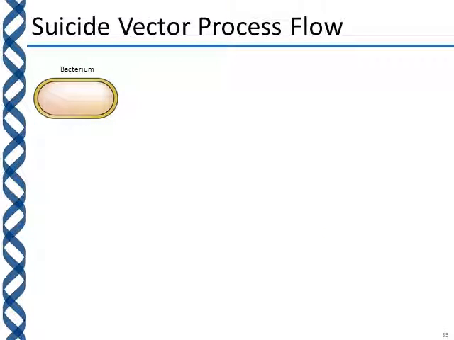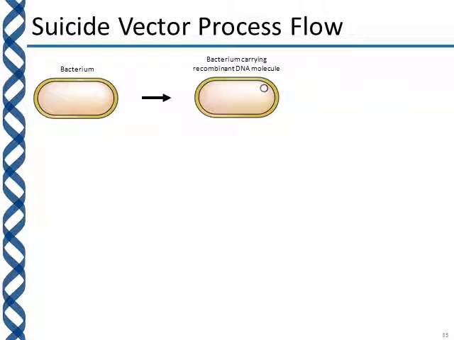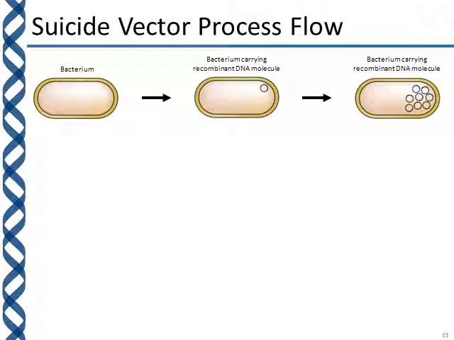So again, this shows the flow diagram of the suicide vector process. You have your first strain of bacterium. You transform it with a recombinant DNA molecule. In this case, this is now a suicide vector. It then replicates this recombinant DNA within this initial bacterium. The recombinant DNA molecule is removed.